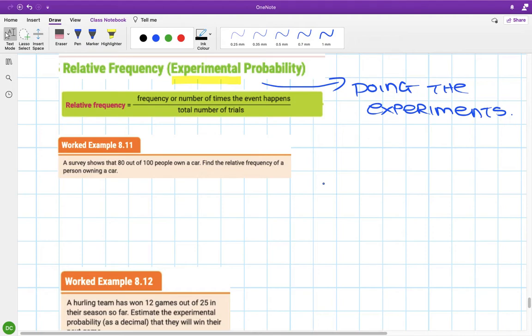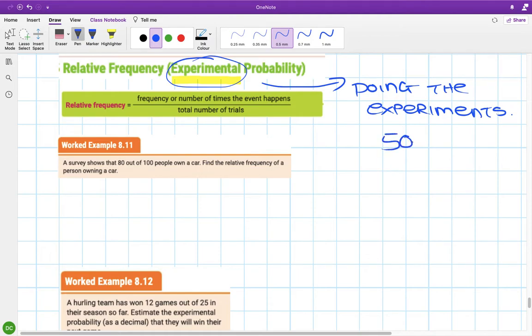I asked you last week, flip a coin, what's the chance of getting tails? You were all able to tell me it was a 50-50 chance, or 50% or 0.5, whichever version we used, which is great and correct. But when you're doing experimental probability, this is where I give you a coin and you flip it 50 times.